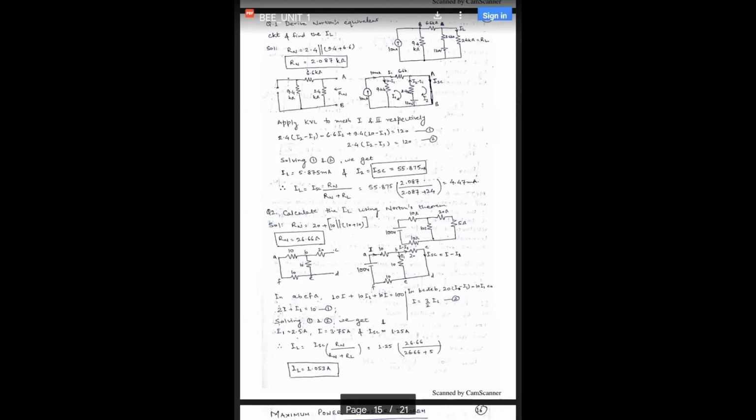Okay, so this is our consideration. In the previous numericals, we have seen that if some value is written on a resistance, it is assumed to be in ohms.